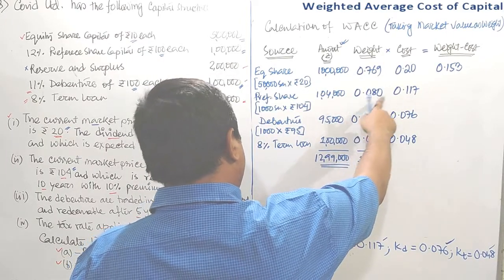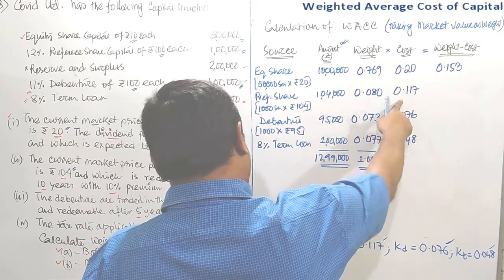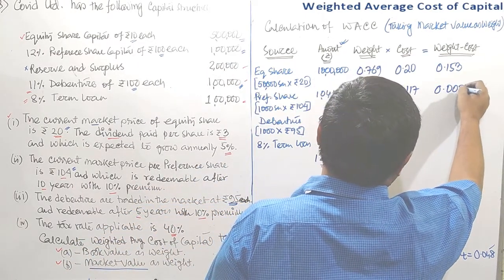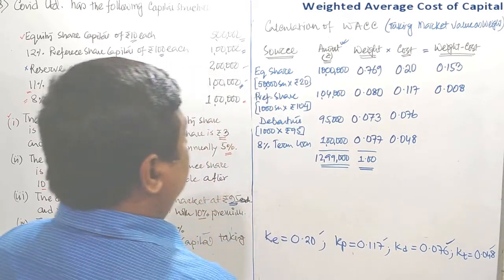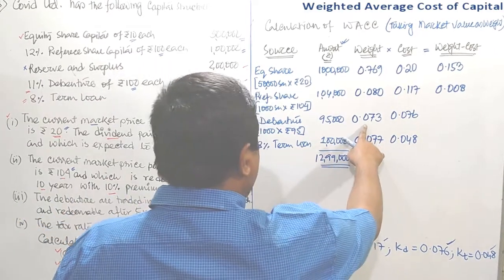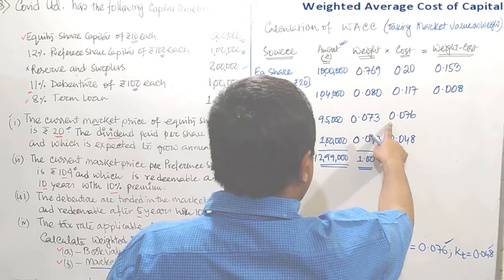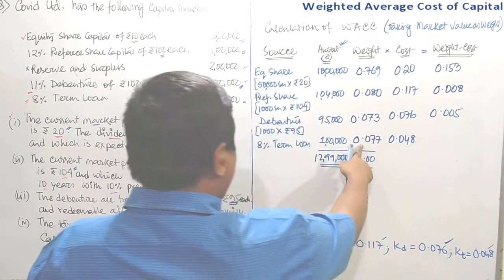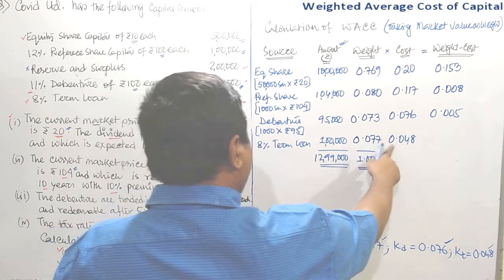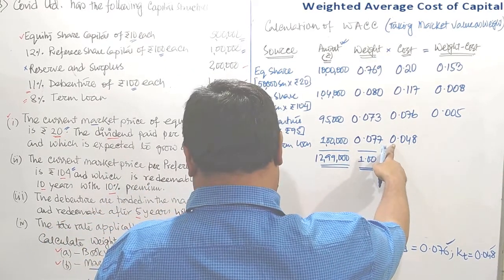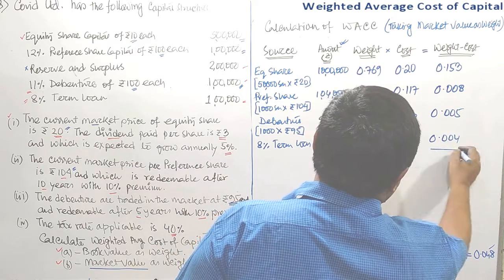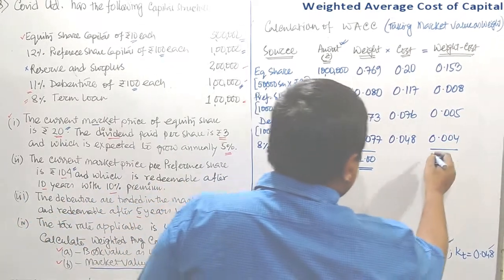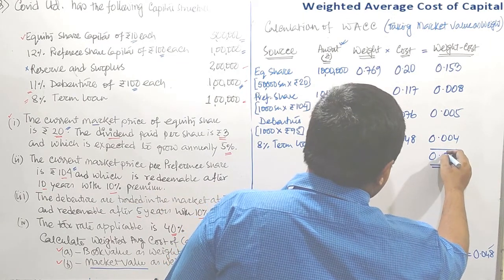Similarly, 0.080 into 0.117 is 0.008. Then 0.073 into 0.076 is 0.005, and 0.077 into 0.048 will come to 0.004. Finally, once we sum up, we got a total of approximately 0.17.